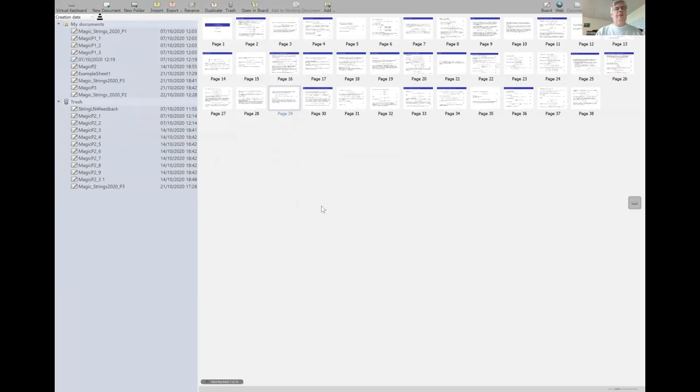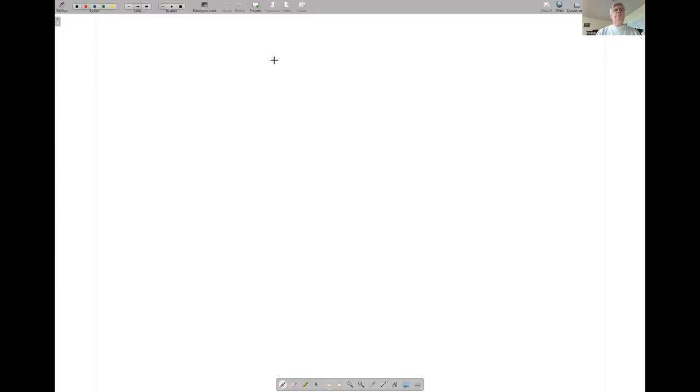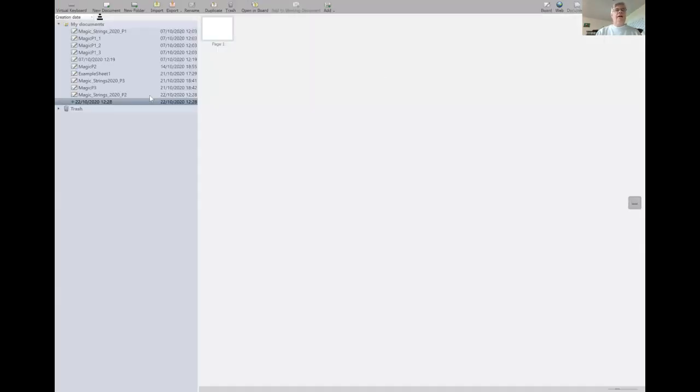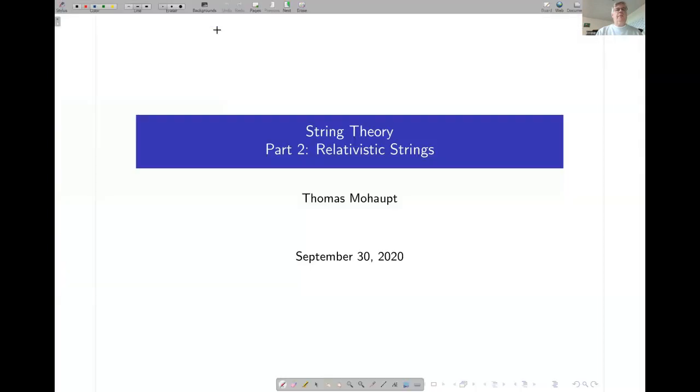I seem to have somehow damaged my file, but no worries, I can load it again. Oops, sorry, now my... I don't want to update. Sorry for this. It's the first time that I have such an issue with this program.